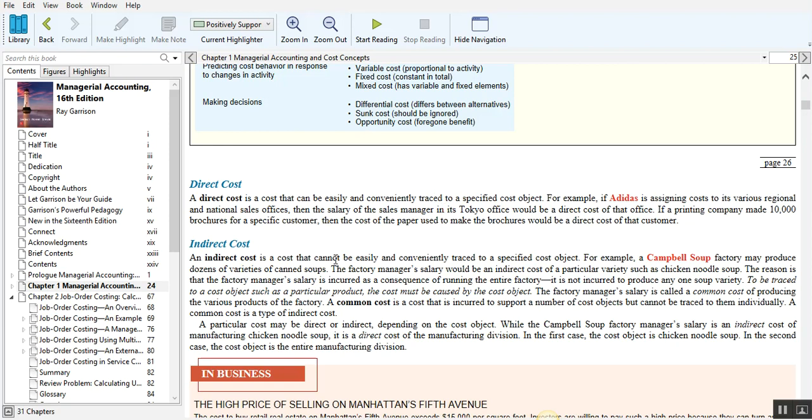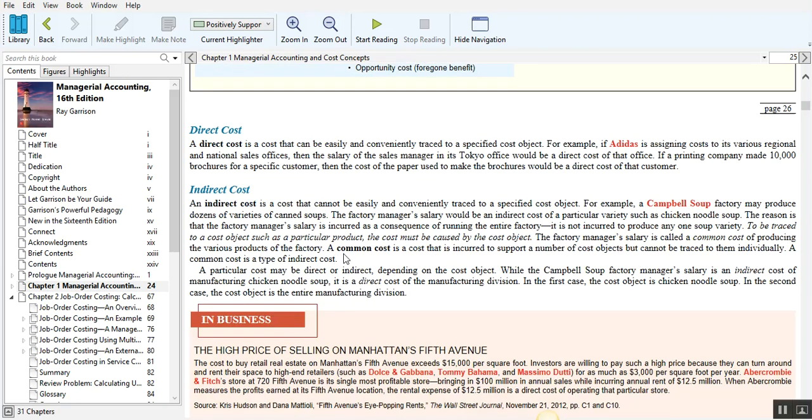An indirect cost is something that we might not be able to trace easily. So if you're looking at production of particular products, it's easy to say, okay, in the example I give of the Campbell's Soup Factory, we know that the cost of the materials or the cost of the labor that's doing these particular steps are directly involved, but indirect costs will be other costs that we can't trace.